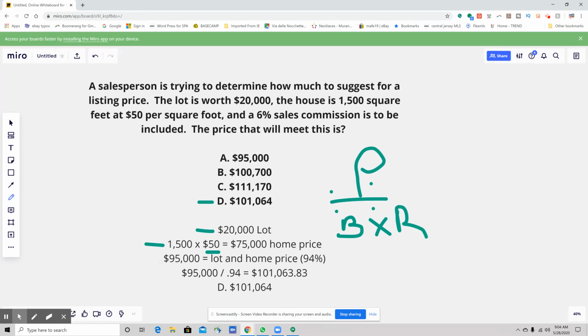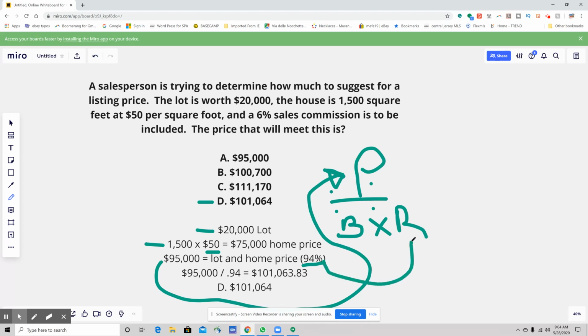I have done part, base, and rate formulas before, so you can go back through some of my videos. The $95,000, because it's the smaller piece, is going to be the part, okay? And then we know the rate at which we took that part, and that's 94%, right? That's 94%. So we know the rate.